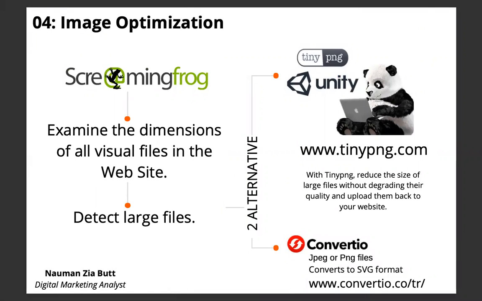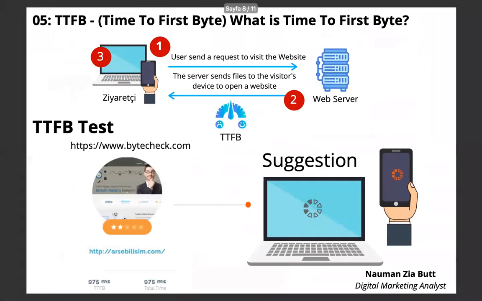And here's the TTFB, time to first byte, which is also a very, very important factor to decrease the bounce rate of your website and speed up the process. So how does it work?